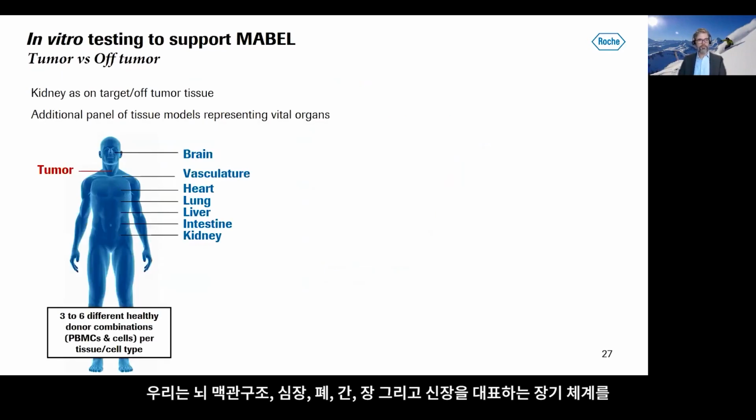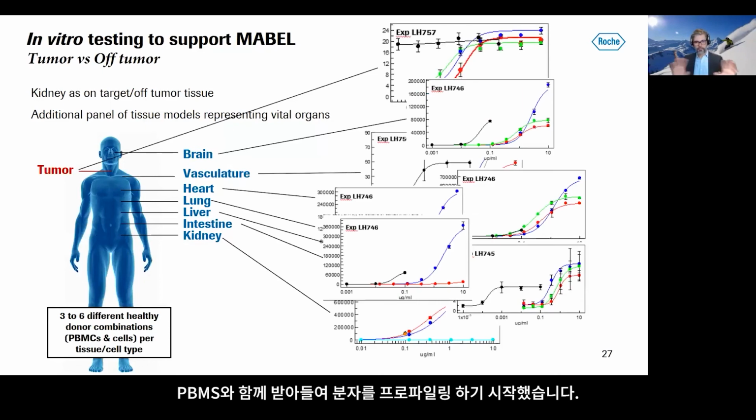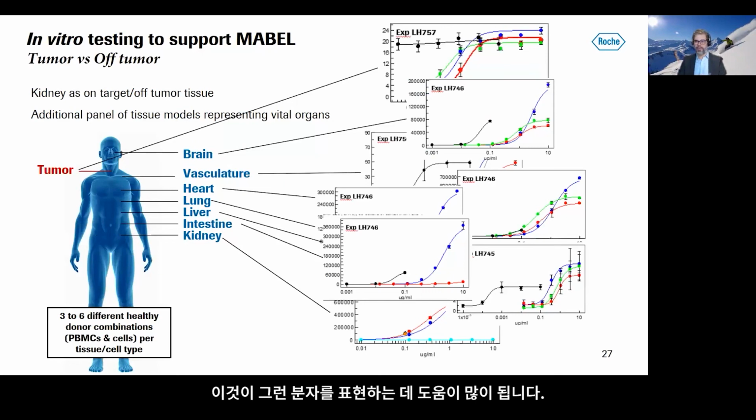So we took organ systems representing the brain, vasculature, heart, lung, liver, intestine, and kidney, together with PBMCs, and started to profile the molecule. So without going into details, as you can see, we had then a whole suite of established killing curves in the different organs that really help to characterize such a molecule.